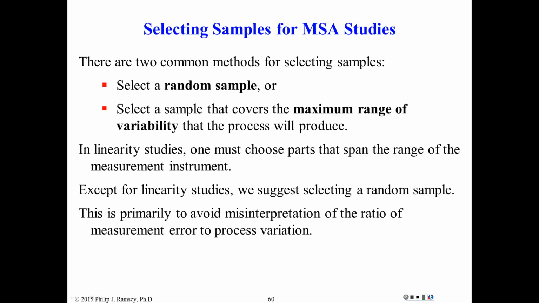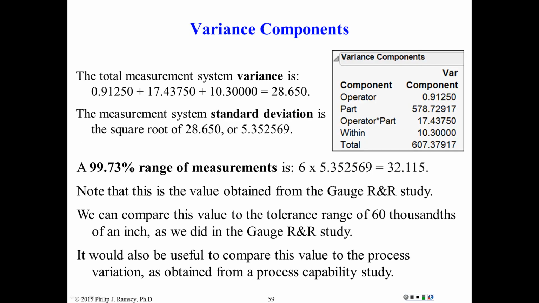Take the square root. That's 5.35. Multiply it by 6, and guess what? You get 32.115 thousandths. And that just happened to have been the total gauge error.